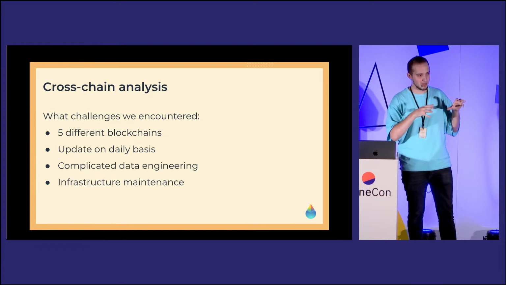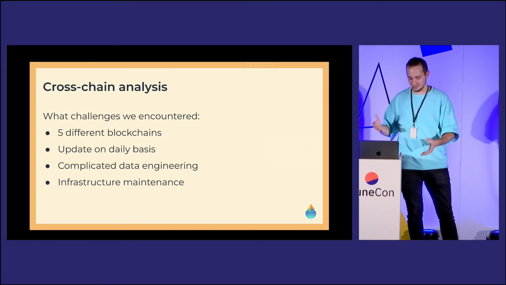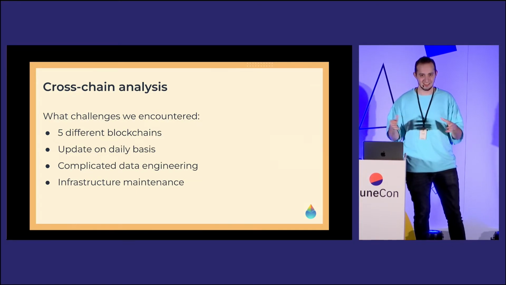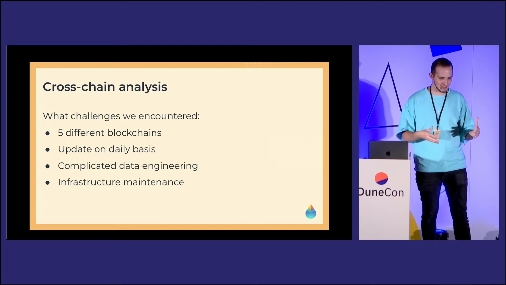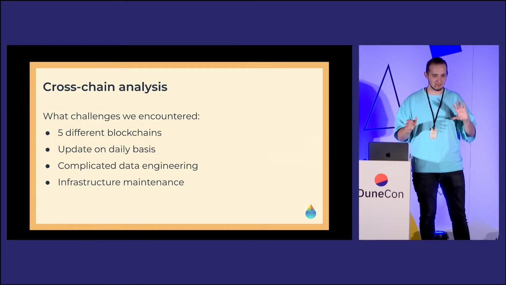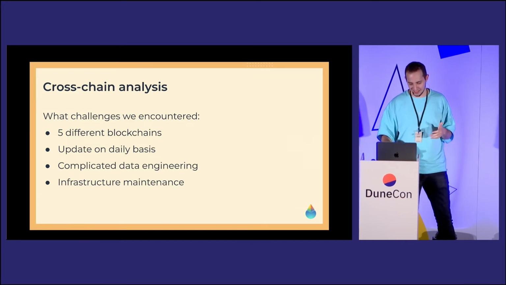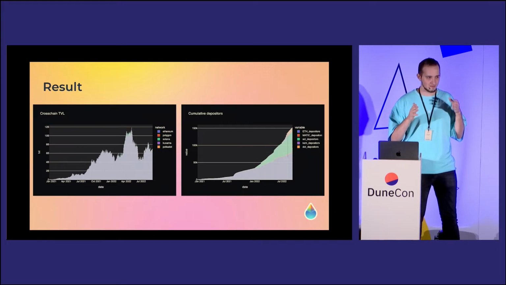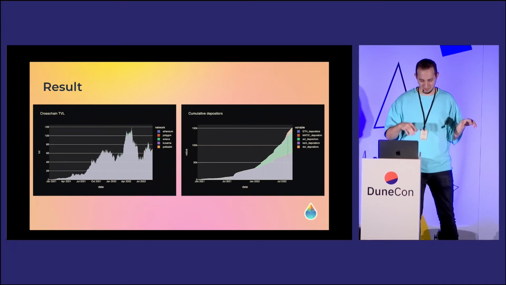This info should be updated on a daily basis, and this requires complicated data engineering, which entails infrastructure and pipeline maintenance. So we made semi-automated scripts, but this was still pretty bad for proper cross-chain analysis. And with Dune, we solved this task for 3 out of 5 blockchains.